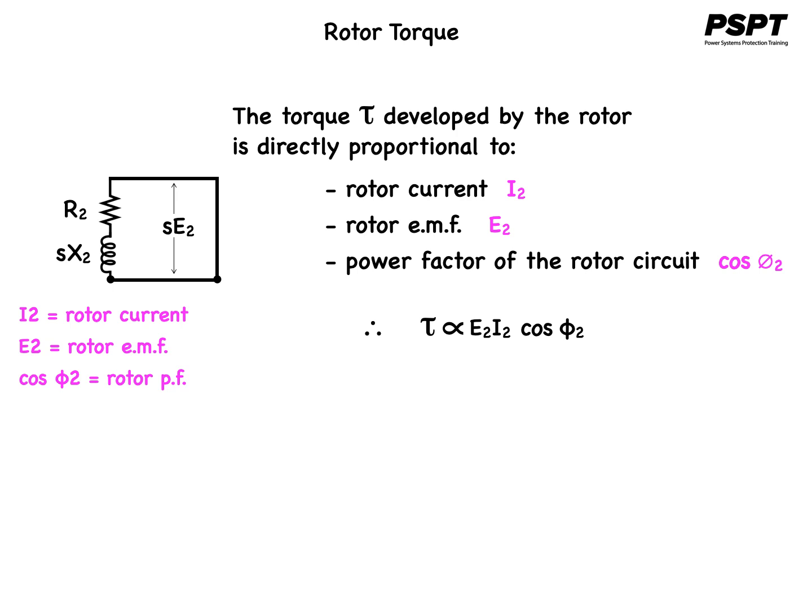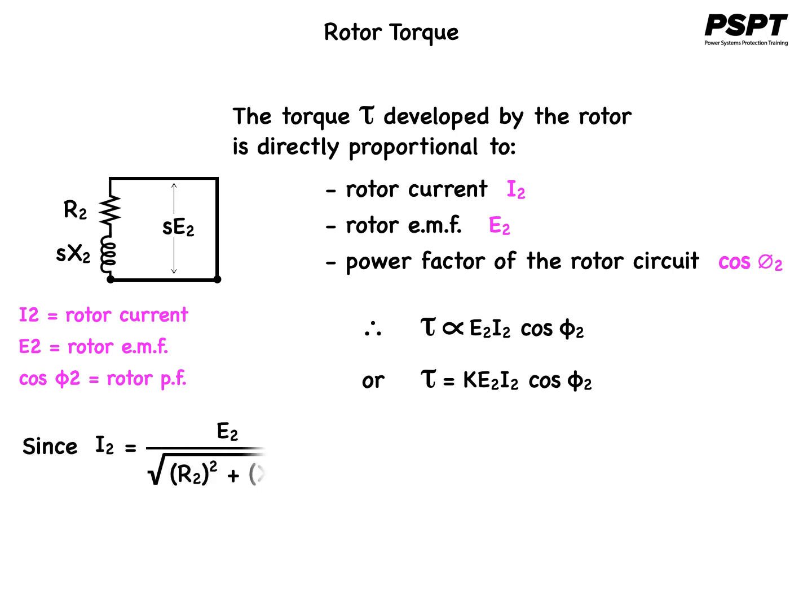Or we can say that tau is equal to K E2 I2 cos phi 2, where K is simply defined as some constant.